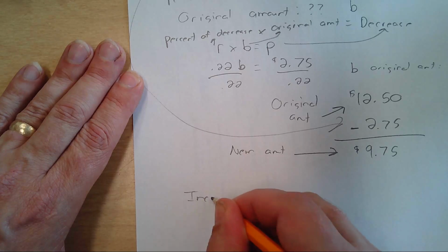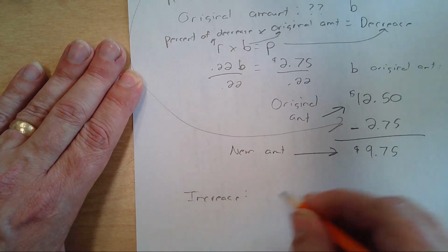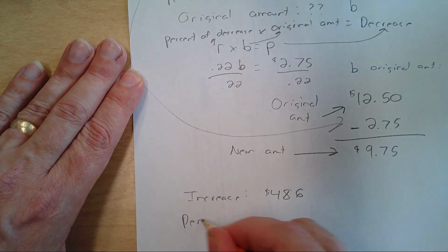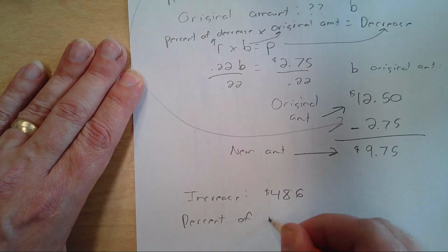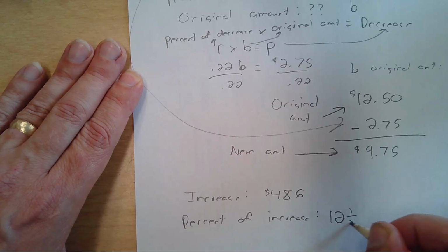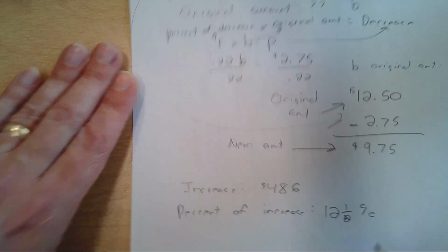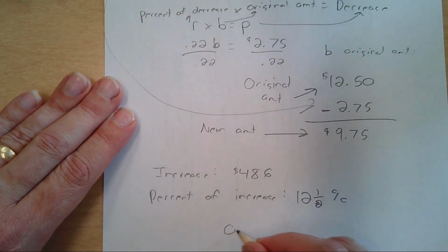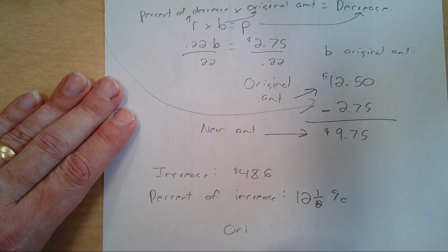Try an increase of $486. The percent of increase, 12.5%. My question to you is, what's the original amount? What's the new amount?